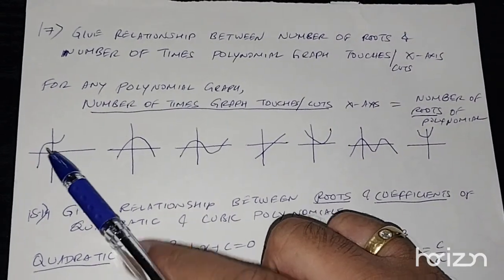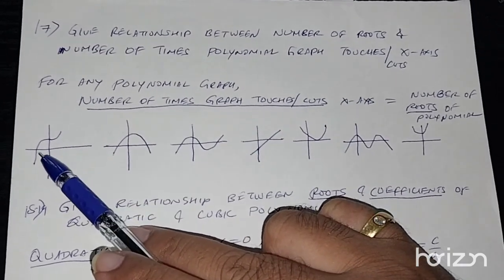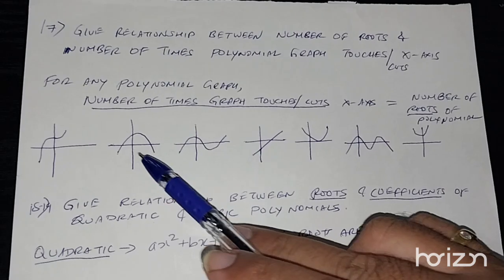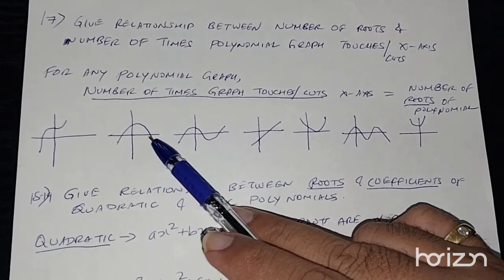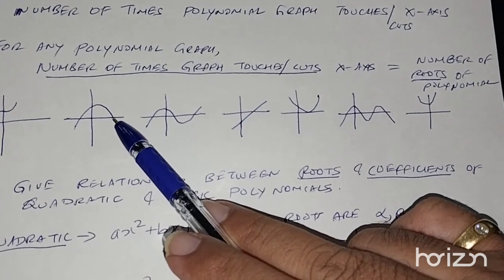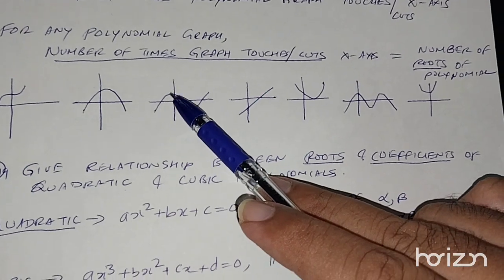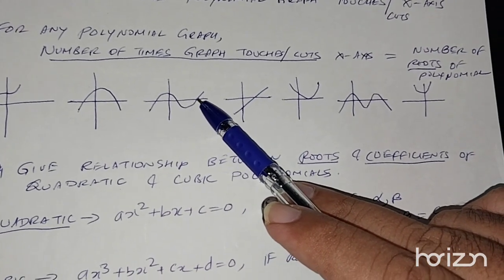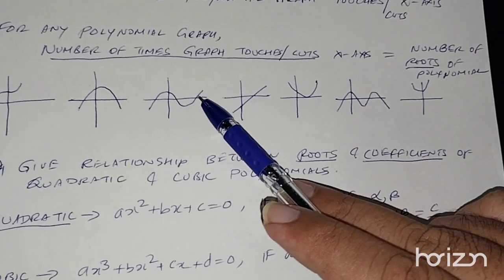So look at this curve. It cuts the x-axis only once. You see this? So it has only 1 root. Look at this curve. It cuts the x-axis at 2 points, one here and one here. Just focus on the tip of my pen. So there are 2 roots. Look at this curve. It cuts once, then twice, then thrice. So it has 3 roots because it cuts the x-axis at 3 points.